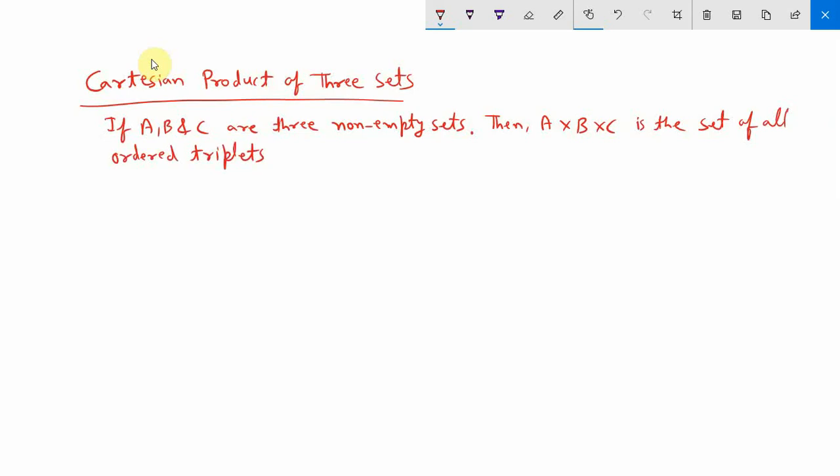Here ordered three elements will be in each product of three sets. Okay, so it will be a triplet as it will contain three elements, one from each.